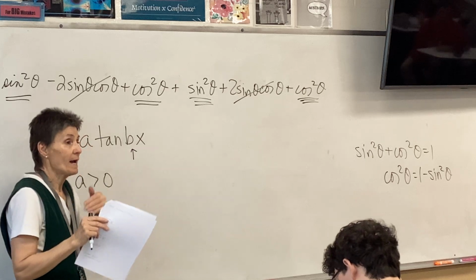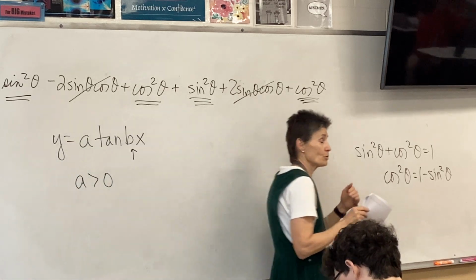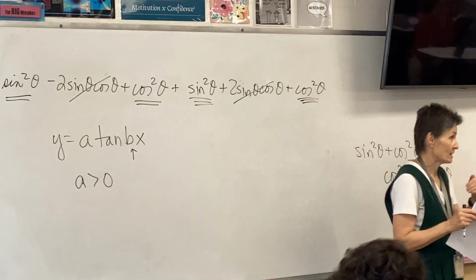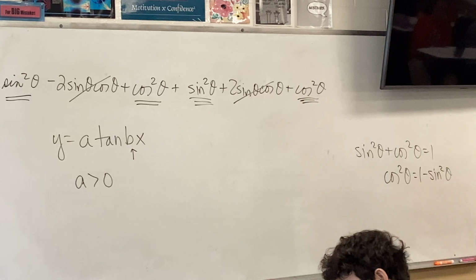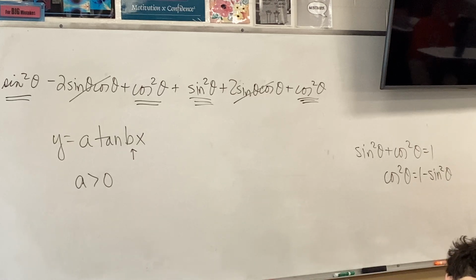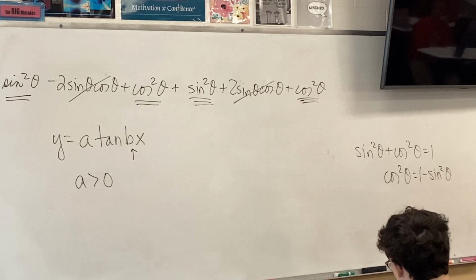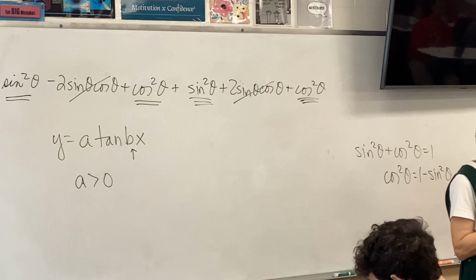So, I know in a regular tangent, the first positive vertical asymptote is supposed to be at pi over 2, right? Where is this one? This one is at pi. So obviously I have changed something, right?